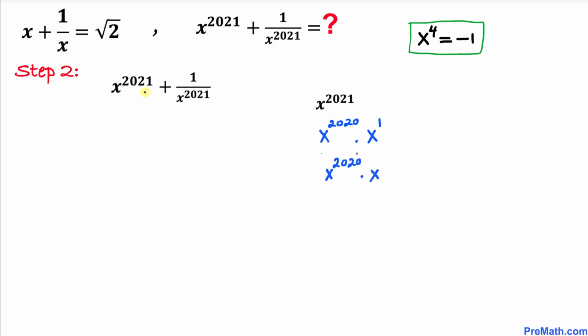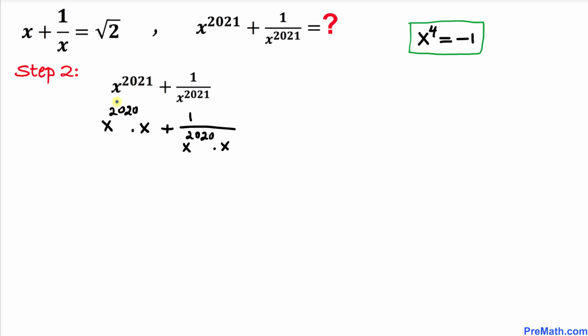So this expression could be written as x to the power 2020 times x plus 1 divided by x to the power 2020 times x.